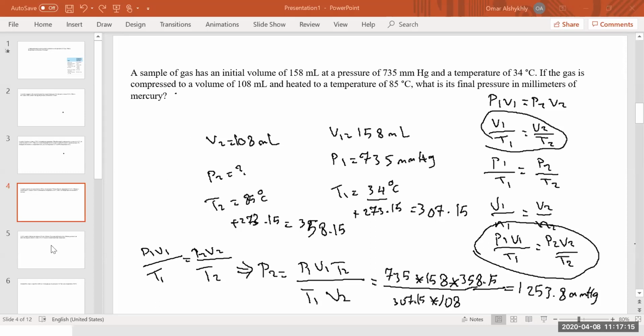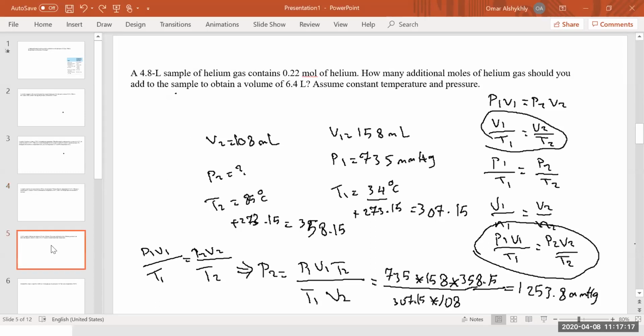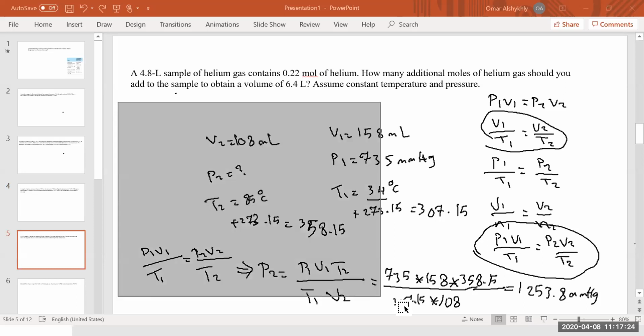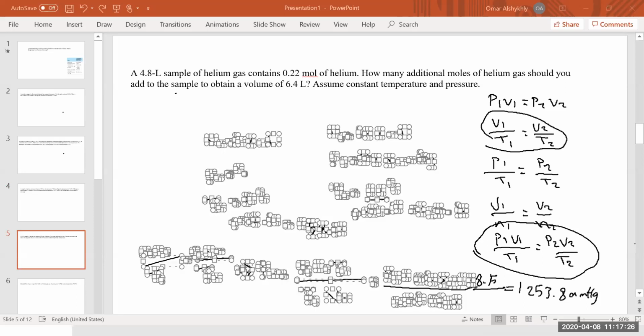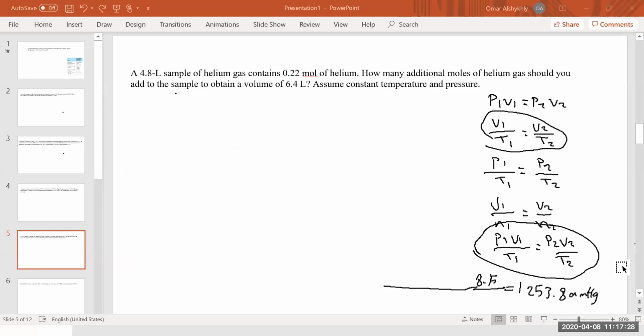Okay, so let's practice with this new example here. Let's look at this example. A 4.8 liter sample of helium gas contains 0.22 mole of helium.